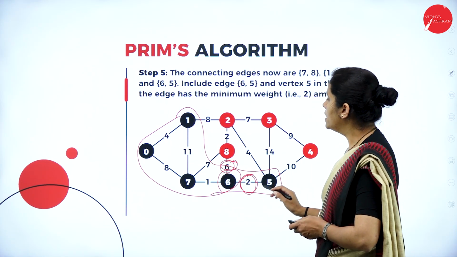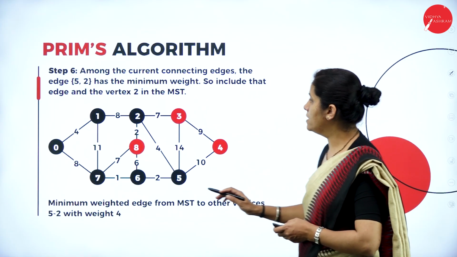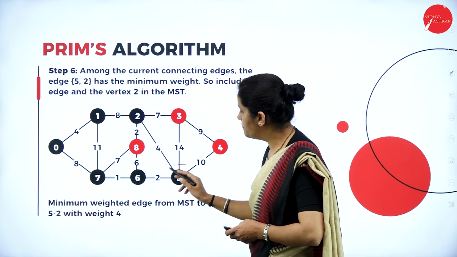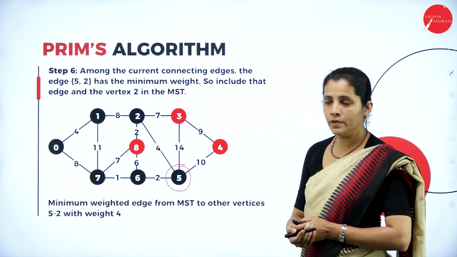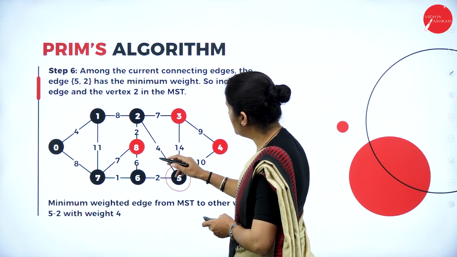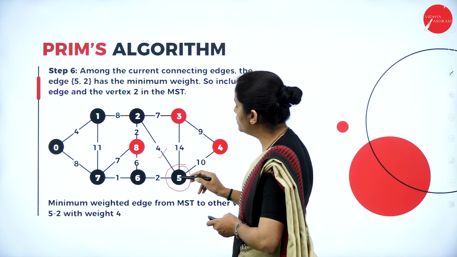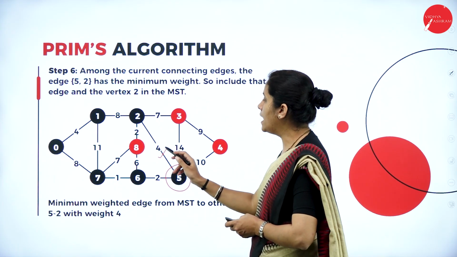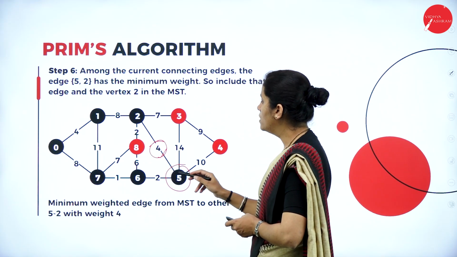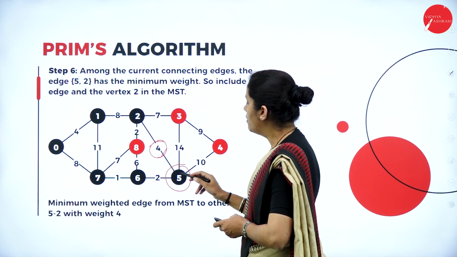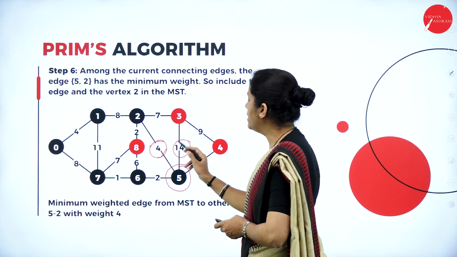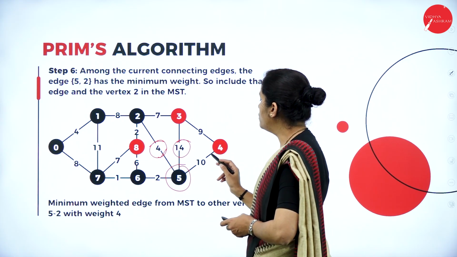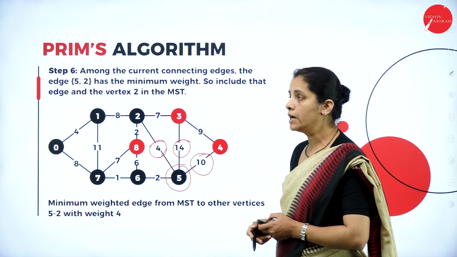Now in my step 6, if I consider 5, I have 3 possibilities. I can reach from 5 to 2 with the weight 4. If I consider 5 to 3, the weight is 14. 5 to 4, the weight is 10.